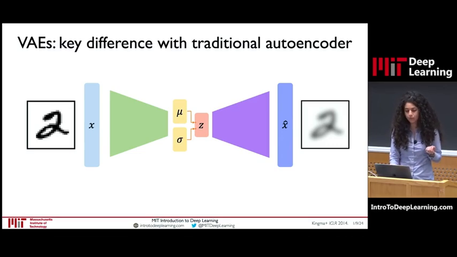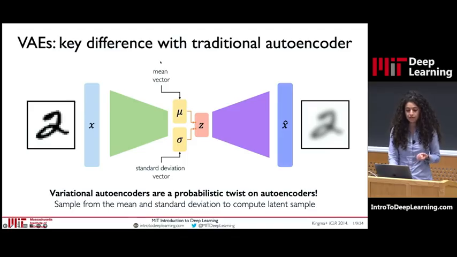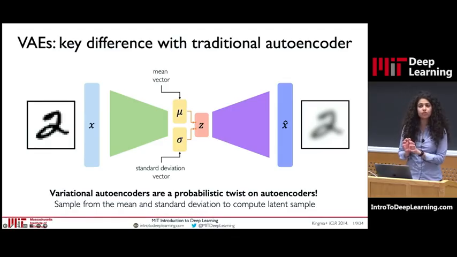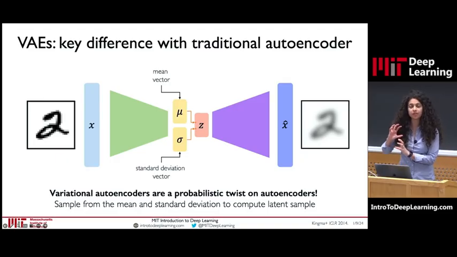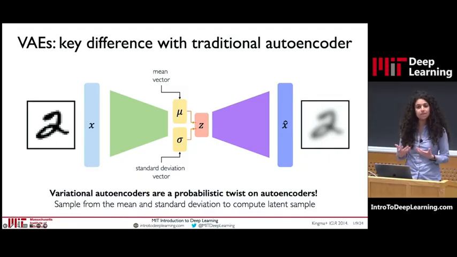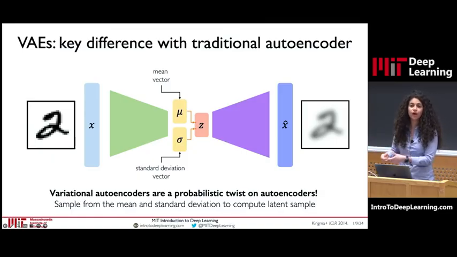What that means is now we've gone from a vector of latent variables Z to a vector of means mu and a vector of standard deviations sigma. And so this is effectively putting a probabilistic twist and flavor on this idea of autoencoding, meaning that we can now learn these latent variables defined by a mean, defined by a standard deviation, and hopefully use this to now sample from those probability distributions to generate new data instances.